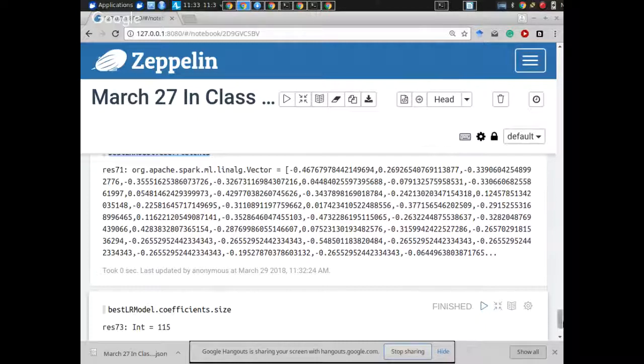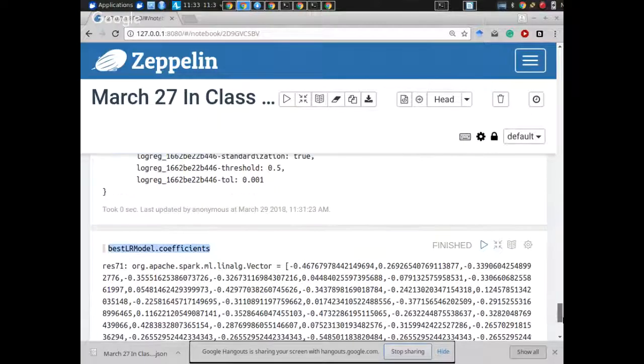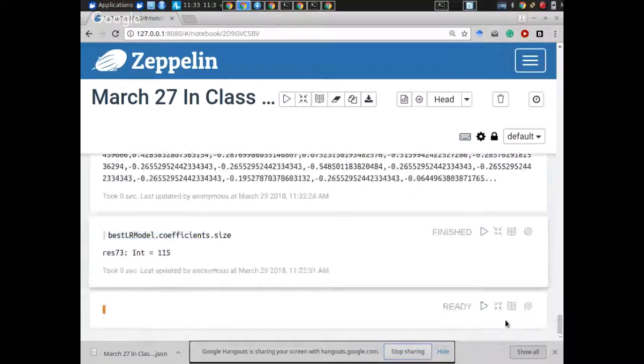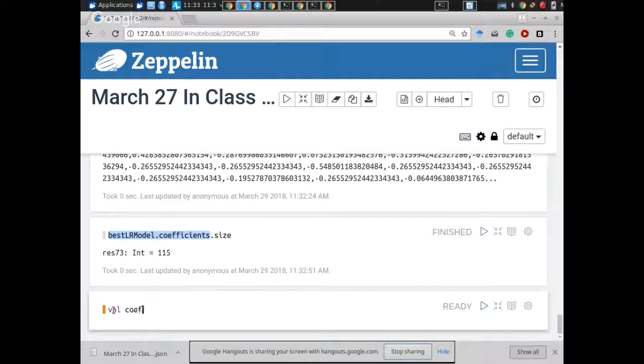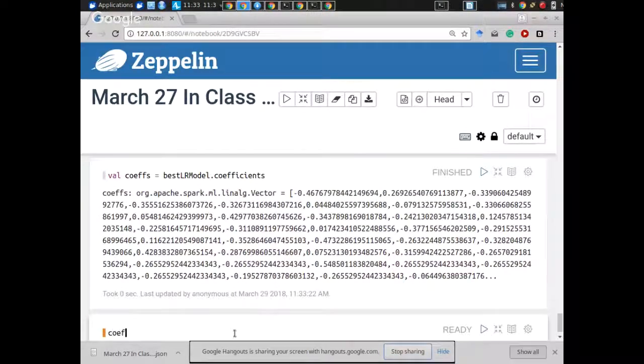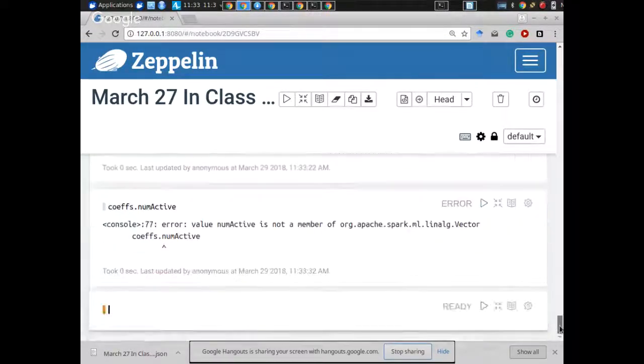I'd like to further say here, so we're going to actually name something for this, okay? We'll name these coefficients. We're going to be manipulating the val coefs equals this dot coefficients. There we are. And I'm going to ask how many of them are active. I thought it was non-actives.